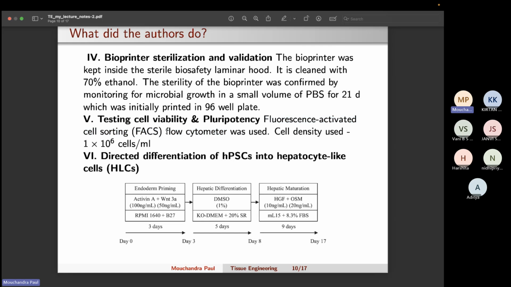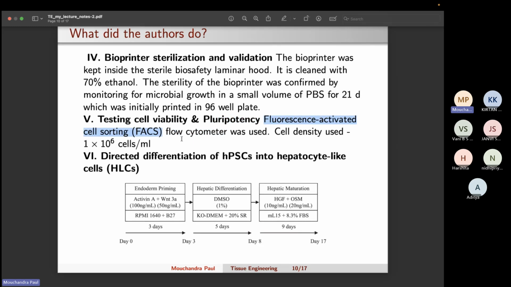I think we have discussed the application of this flow cytometer when we were talking about differentiation, where a flow cytometer can be used to selectively analyze a cell population based on what kind of surface marker it is expressing. So here, cell sorting is happening.